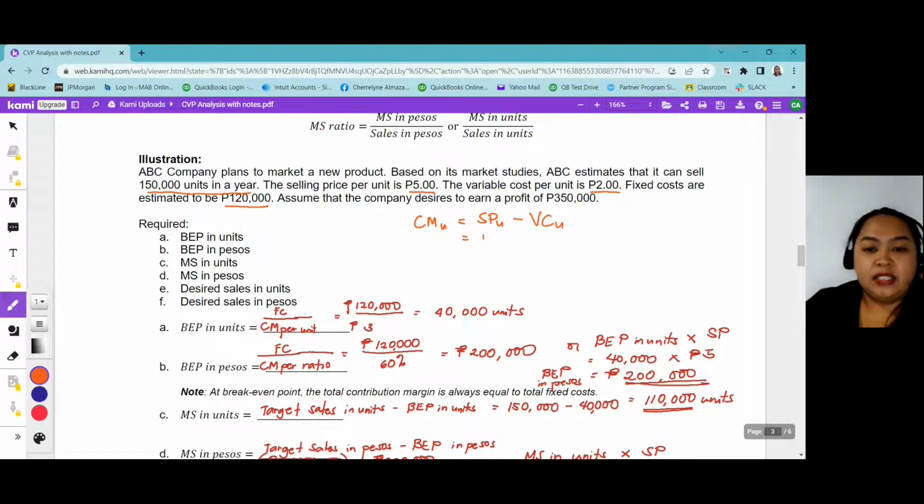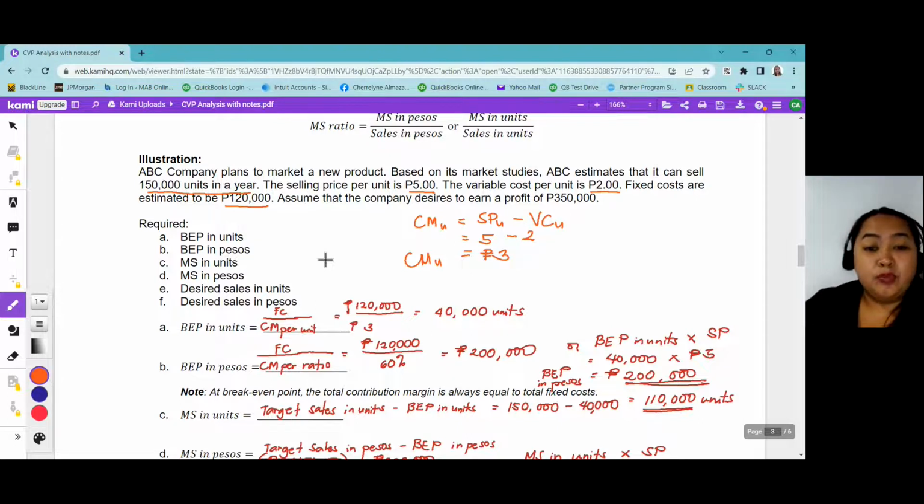So, ang selling price natin is at 5 pesos and ang variable cost natin is at 2 pesos. Therefore, your CM per unit is at 3 pesos. You have your fixed cost, 120,000, divided by 3 pesos is equals to 40,000 units.